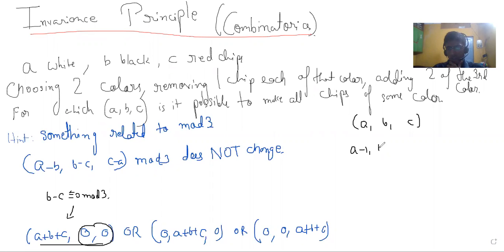So it becomes this if you choose A and B, the colors too. Now you look at the difference between this and this, and A and B. They are exactly the same.